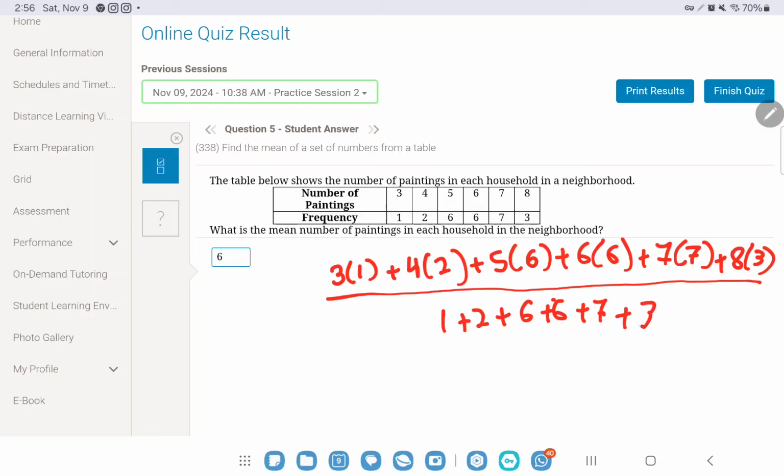And let me solve it really quickly on my calculator, and you're gonna get, wait, give me a minute.